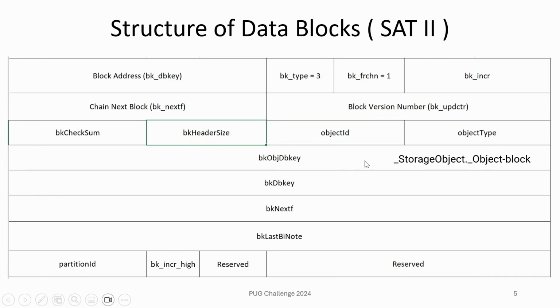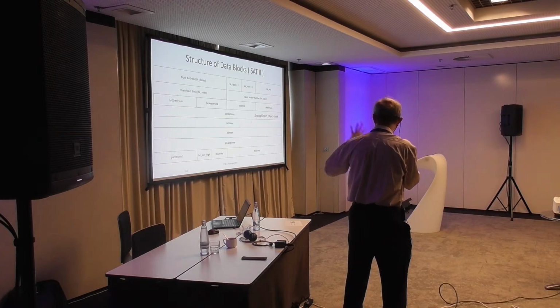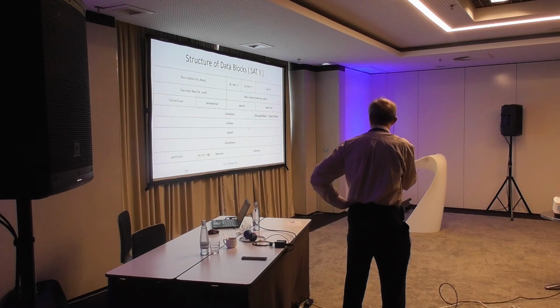DB key is basically a pointer to the storage object block, so it tells to which table this block belongs. You can get this information either from the storage object VST or from every block. I will show the object block a little later.